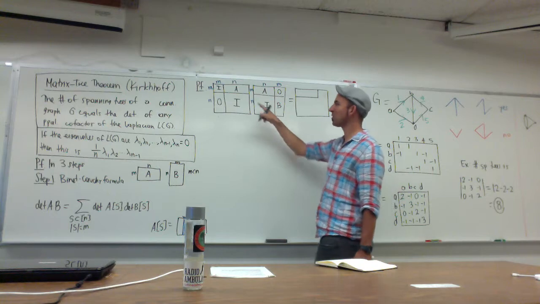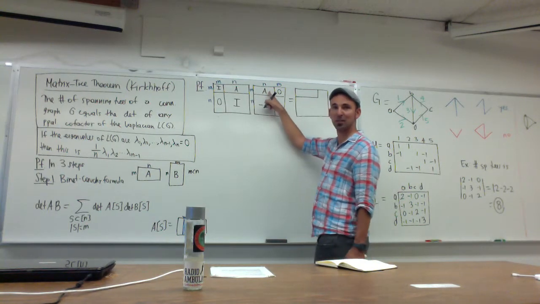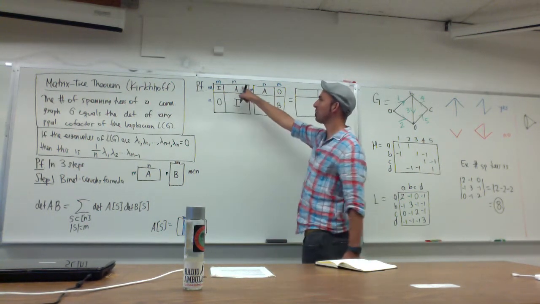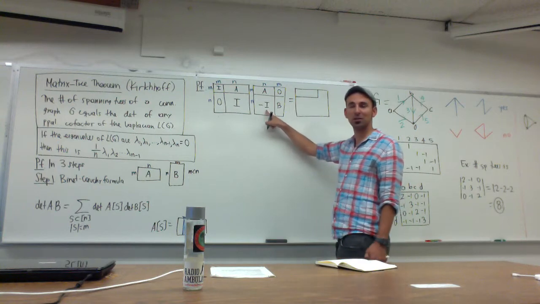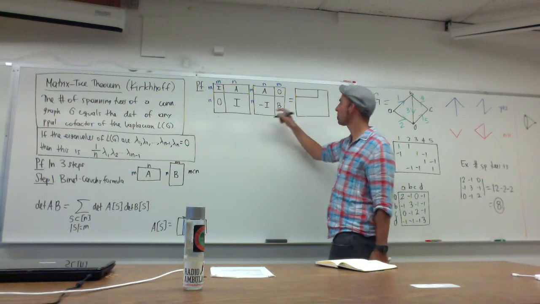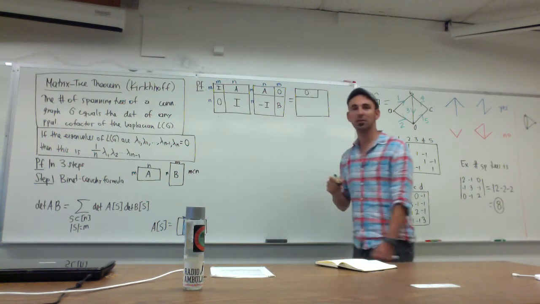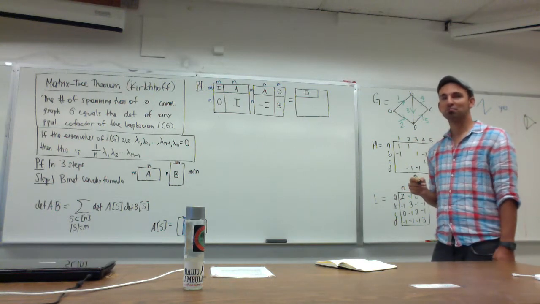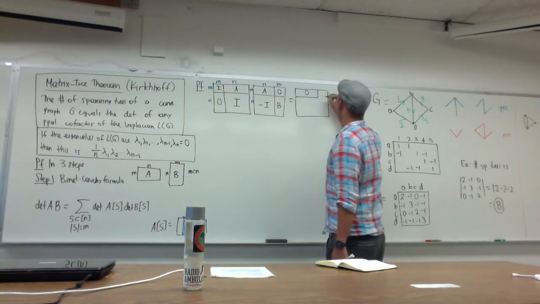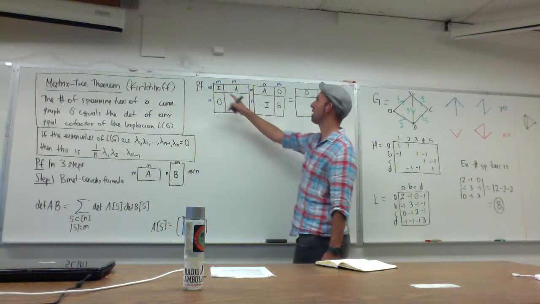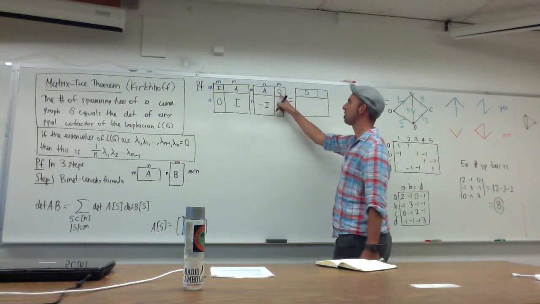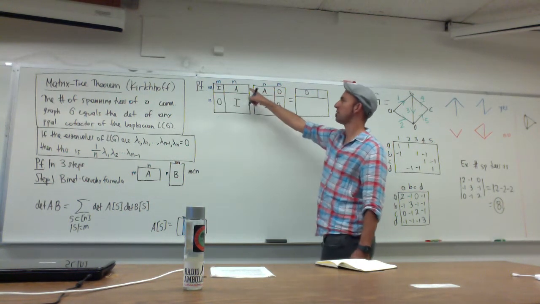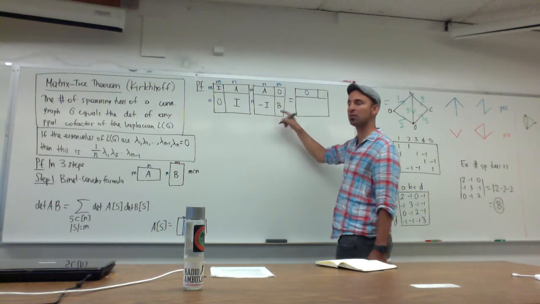So you multiply I times A, you get A, because this is the identity. You multiply A times minus I, you get minus A, and so you're going to get 0. Okay? Now, what do I get here? I times 0, that's 0, plus A times B. So I get AB here.